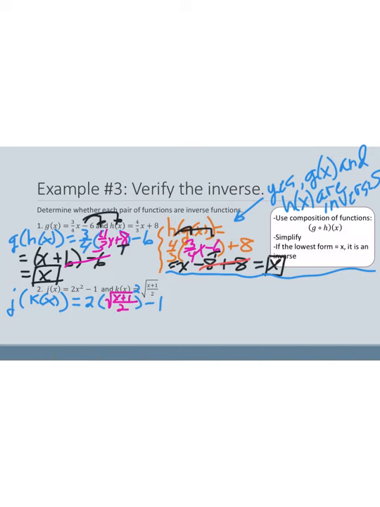Okay, so order of operations says I have to square this before I can multiply the 2 in. I cannot multiply the 2 in and then square that. So we're going to square this first. Whenever you take a radical and square it, you get exactly what's under the radical. So we end up with 2 parentheses, and then we square that radical, we get x plus 1 over 2, and then minus 1.